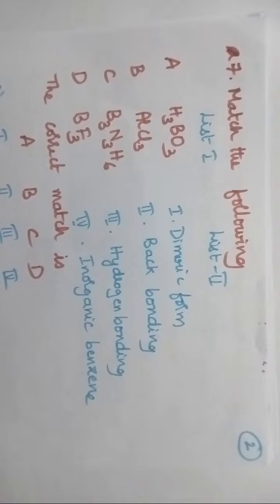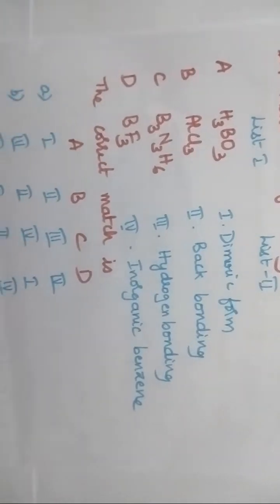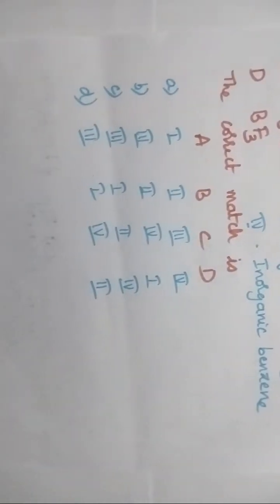To have a better idea about this question, I will explain the structures of these 4 molecules. So initially, let us move on to the structures of these four molecules.